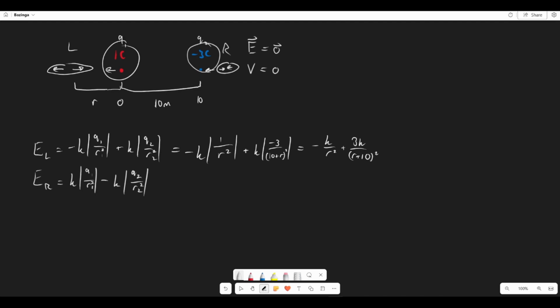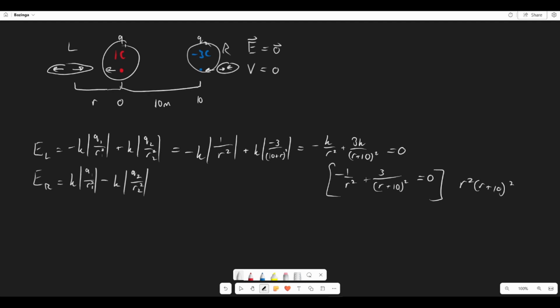The formula for E is KQ by R squared, not R. Now this expression we are just setting equal to 0, and so I can divide the entire equation by K to reduce it down to -1 by R squared plus 3 by R plus 10 squared equals 0. Now I can multiply the entire equation by R squared times R plus 10 squared. And so it is essentially cross multiplying.